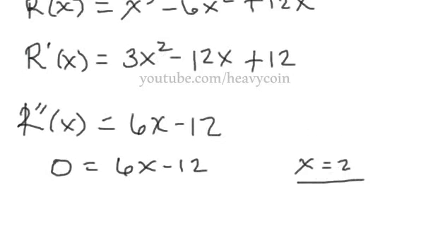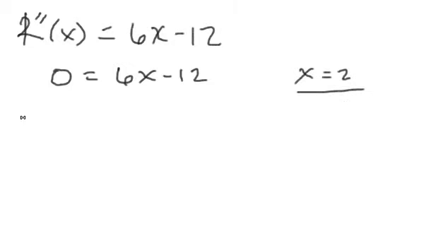So to find the inflection point, I'm going to take, okay, so this is the actual point on the graph here. We take the original function r of x and plug 2 directly into it.